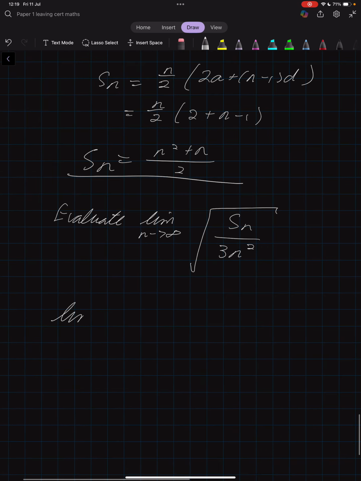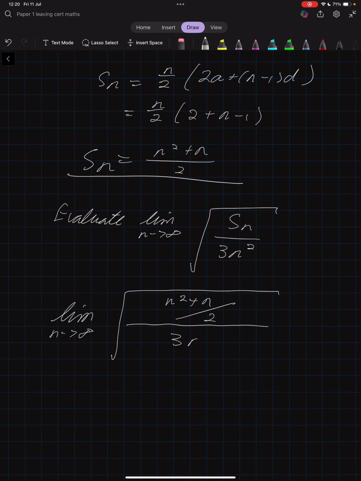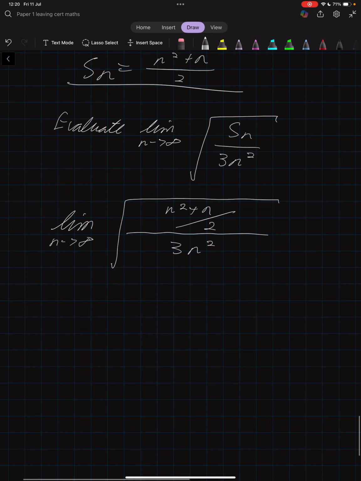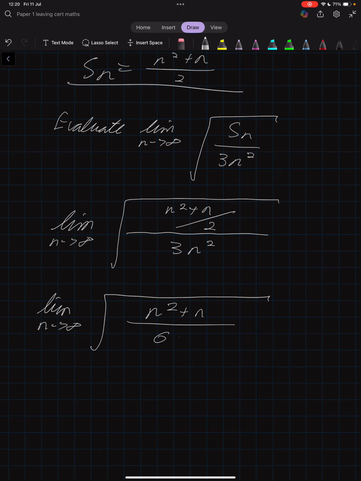So the limit as n goes to infinity of the square root of Sn, which is n squared plus n over 2 all over 3n squared. So first of all, I'm going to multiply the top and the bottom by 2, just to get rid of that awkward fraction, okay? That's going to be n squared plus n over 6n squared.